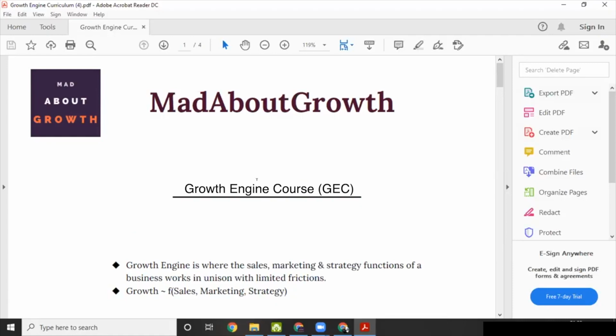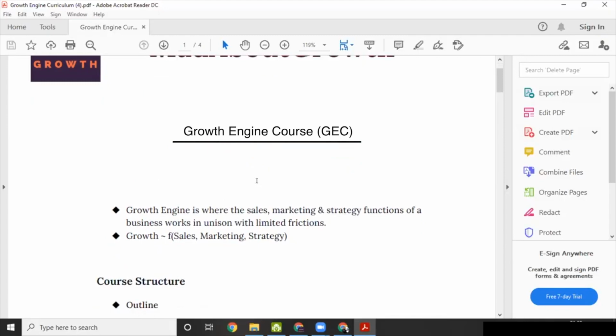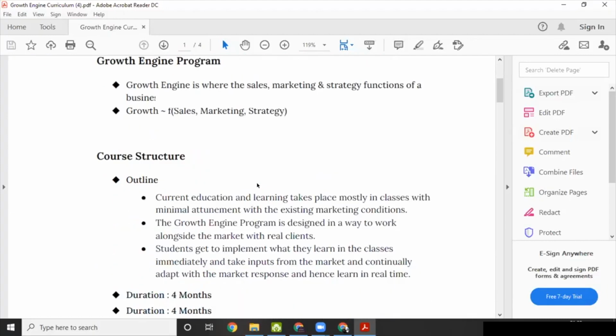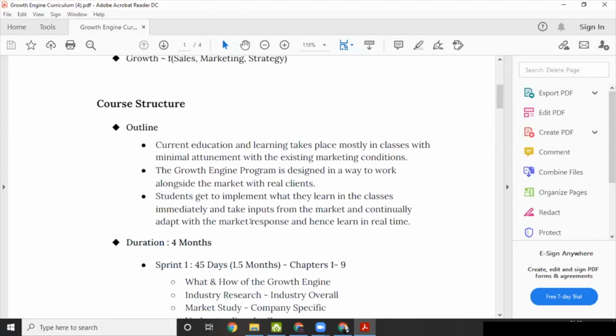In today's market, professionals who are coming out are not aligning with what industry is looking for with respect to either technical skills or marketing skills. Hence we have developed a program called the Growth Engine course, and we are pushing it across to the universities.